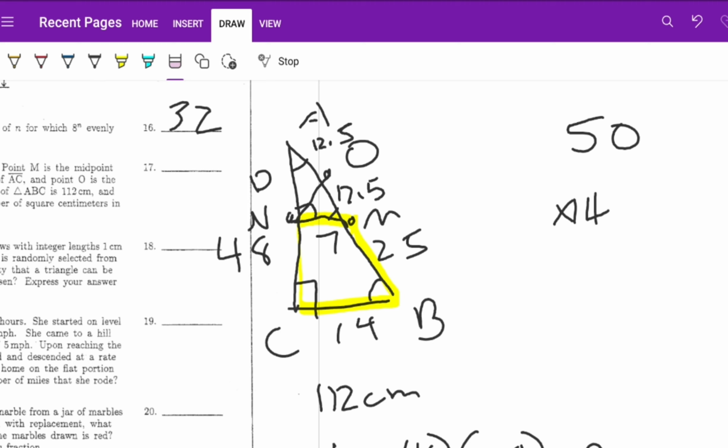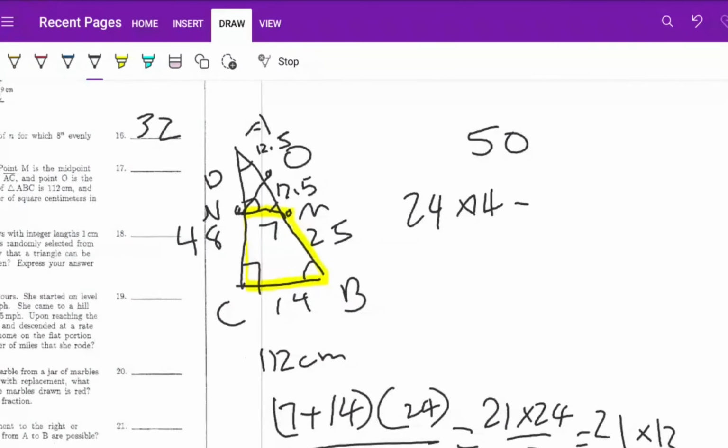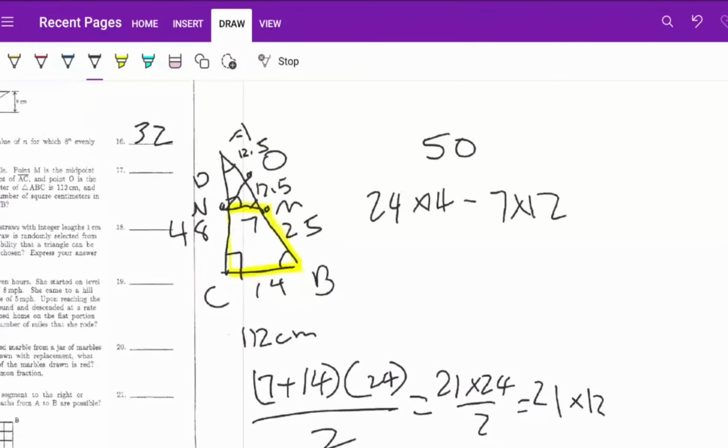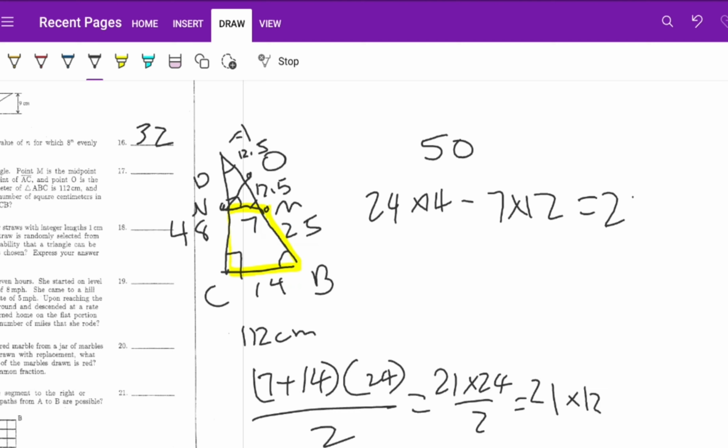That's just equal to 24 times 14 minus the smaller triangle, which is 7 times 24 over 2, and that should just be equal to 7 times 12. And then we also get the result that is equal to 252.